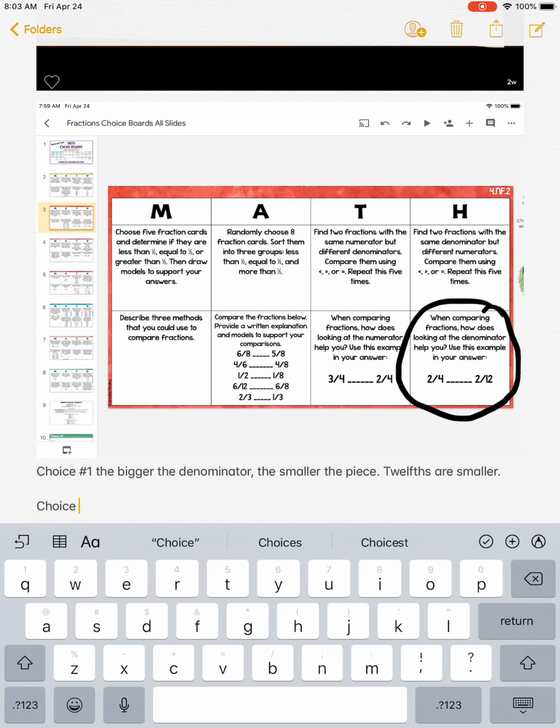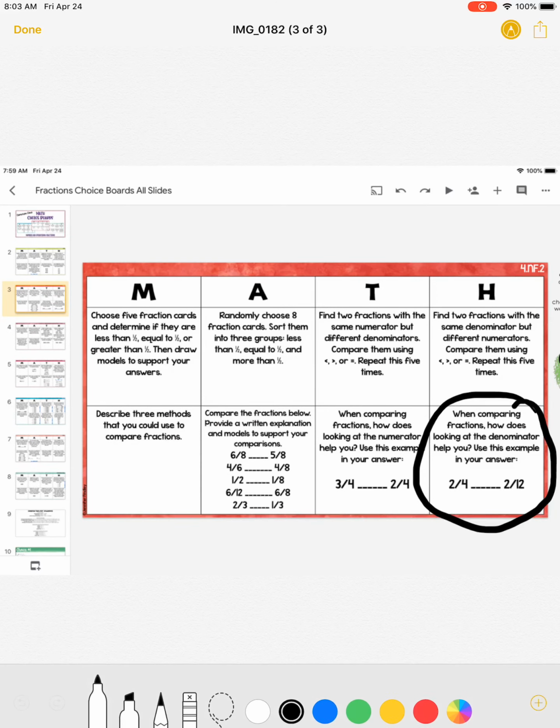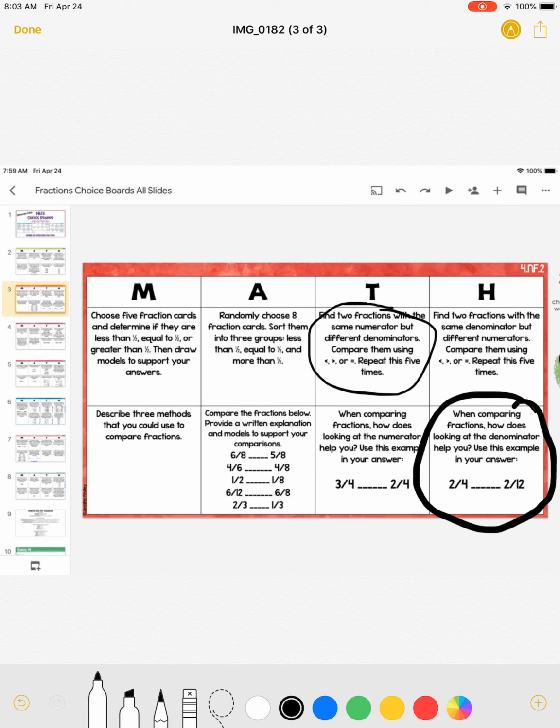Okay, now choice number 2. Let's see. Let's do this. Find 2 fractions with the same numerator but different denominators. Compare them using less than, greater than, or equal to.